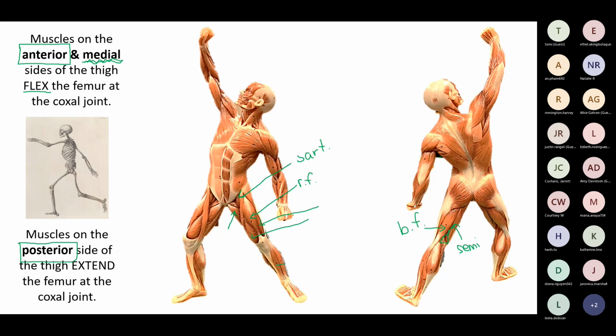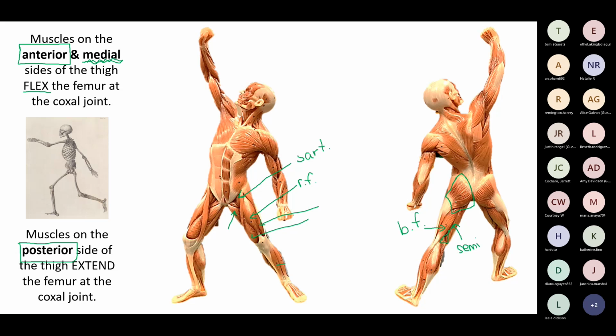Okay, so I have a question about gluteus. When we talk about gluteus, we're only going to ask you about gluteus maximus when we're talking about these movements. So gluteus maximus is right here.